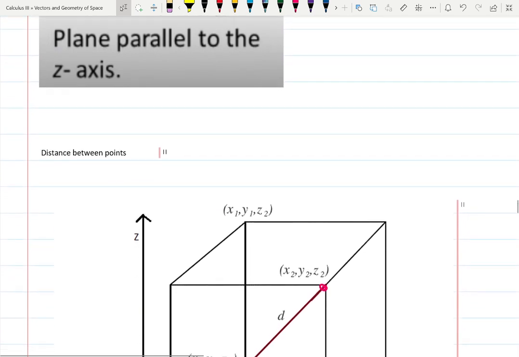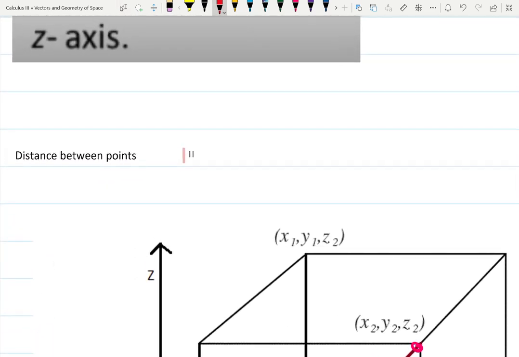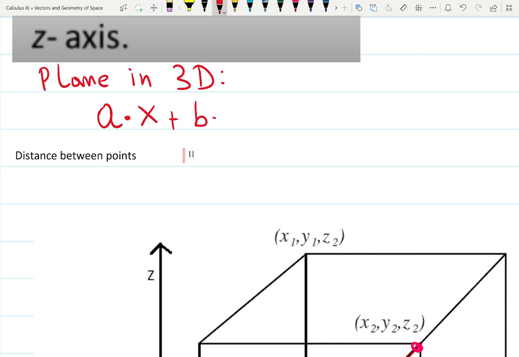Finally, the most important is a formula. In general, the formula of the plane in 3D is A times X. A will be the slope that belongs to the X-axis, right? So how far my X is stretched or shrunk. Slope, remember, rate of change has some connection with derivative. Plus B times Y, that is the slope or rate of change of Y coordinate or Y-axis, which is left and right.